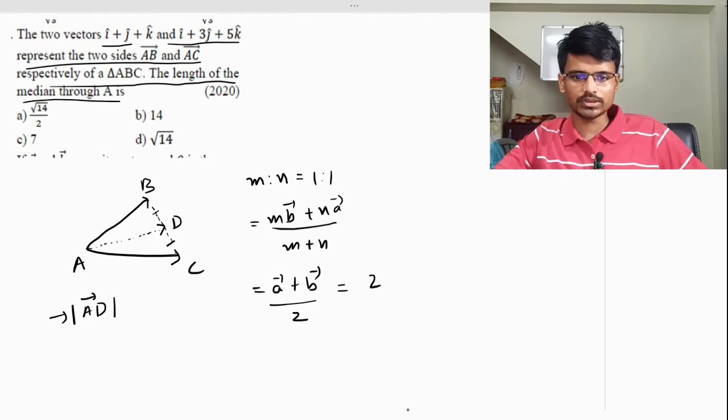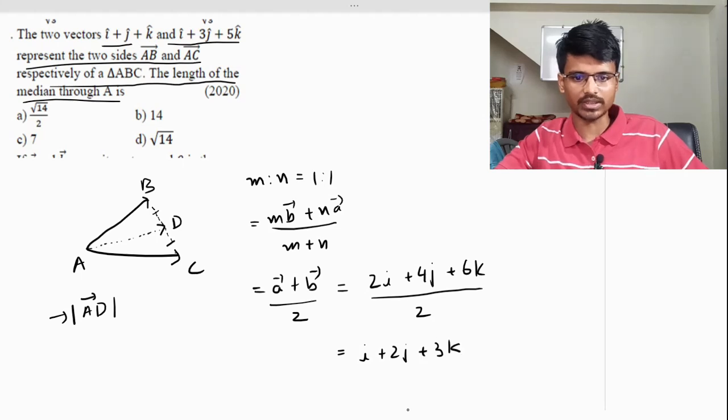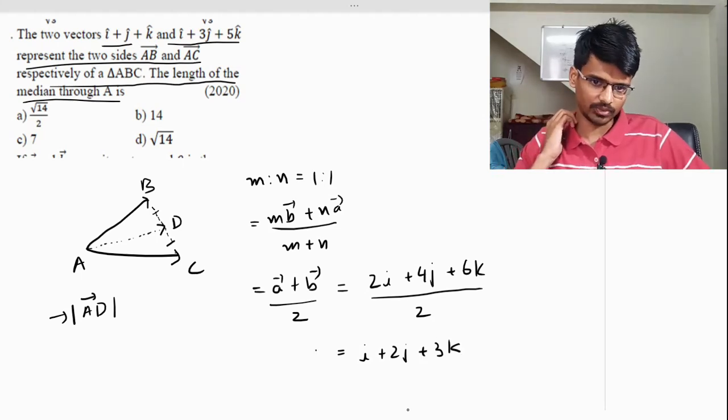So it is 2i cap plus 4j cap plus 6k cap, right, divided by 2. So this is equal to i cap plus 2j cap plus 3k cap. So this is my vector AD. But I need the magnitude.